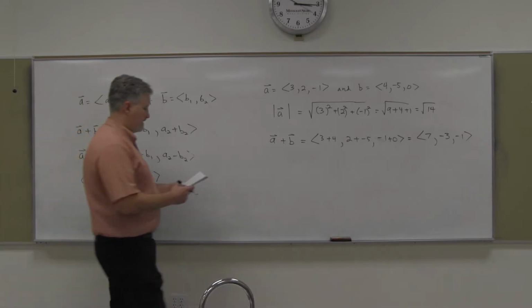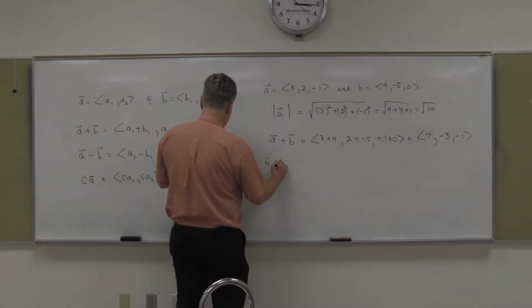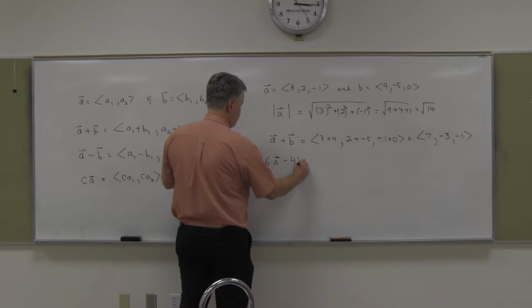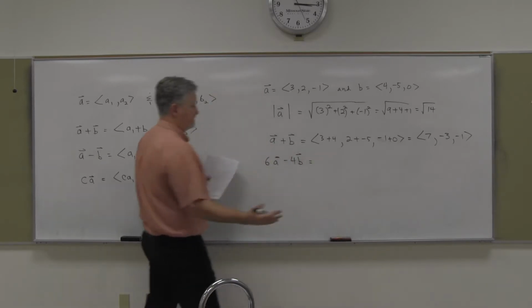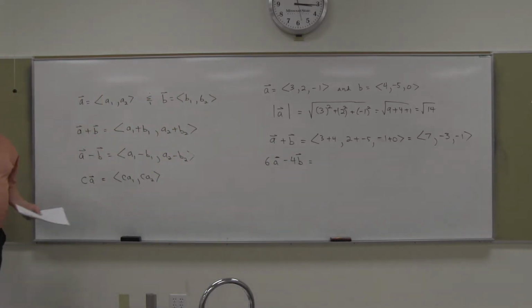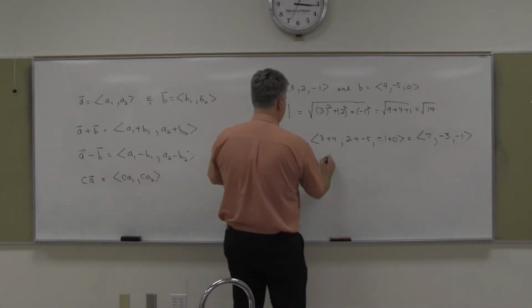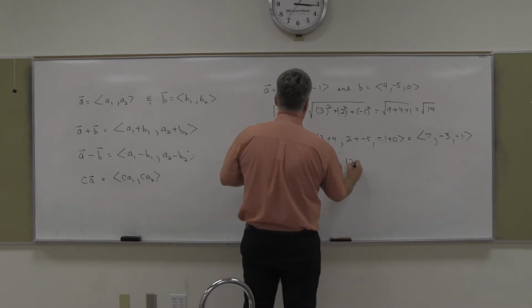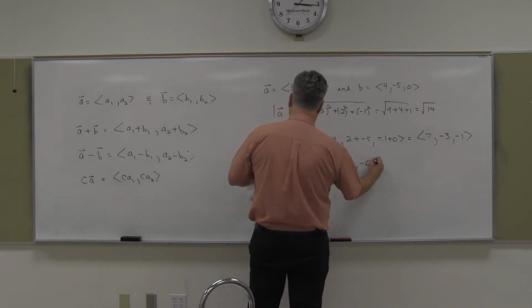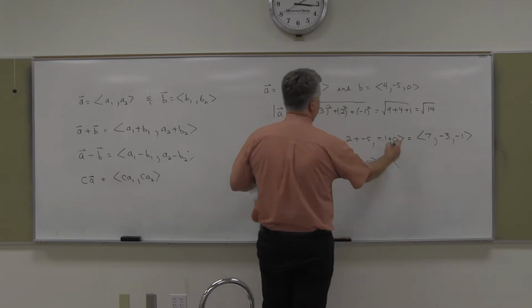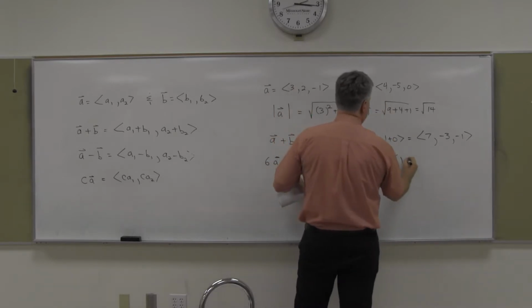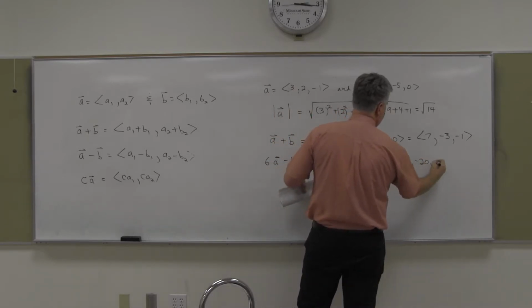The other thing I'll have you do is subtracting 2 vectors, but I also multiplied them each by a scalar. So I would take 6A, that would be 18, 12, and negative 6, and subtract from that 4B, which is 16, negative 20, and 0.